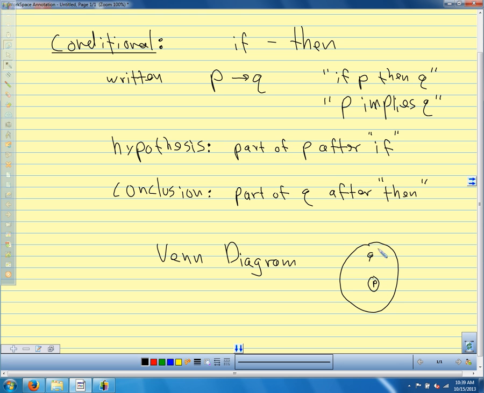So if it's a Camaro, it is also a Chevrolet. This is how we can draw this in a diagram. So all of these things mean the same thing. They all tell us the same thing. So let's do a little practice with conditionals, and then we'll talk about deciding what we call the truth value. So any questions on what a conditional is?